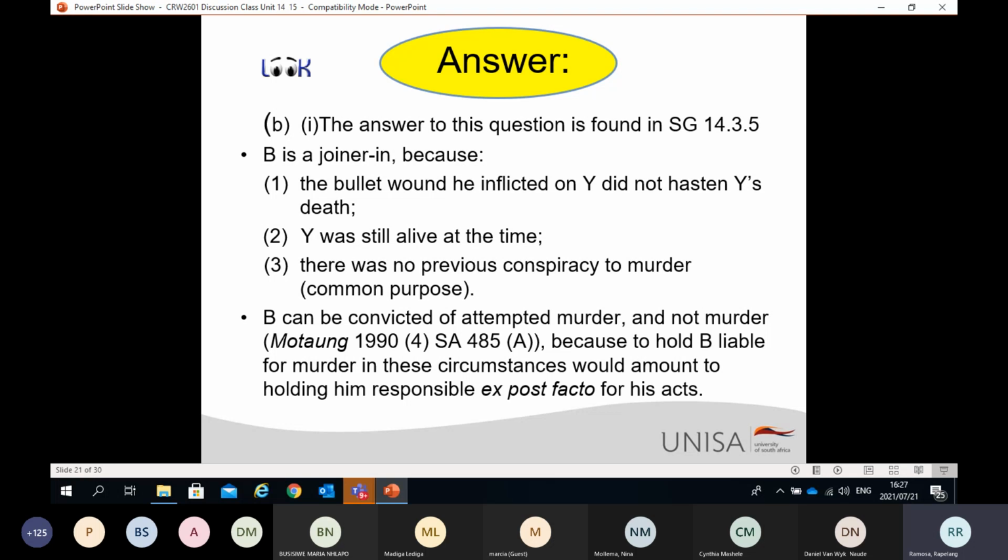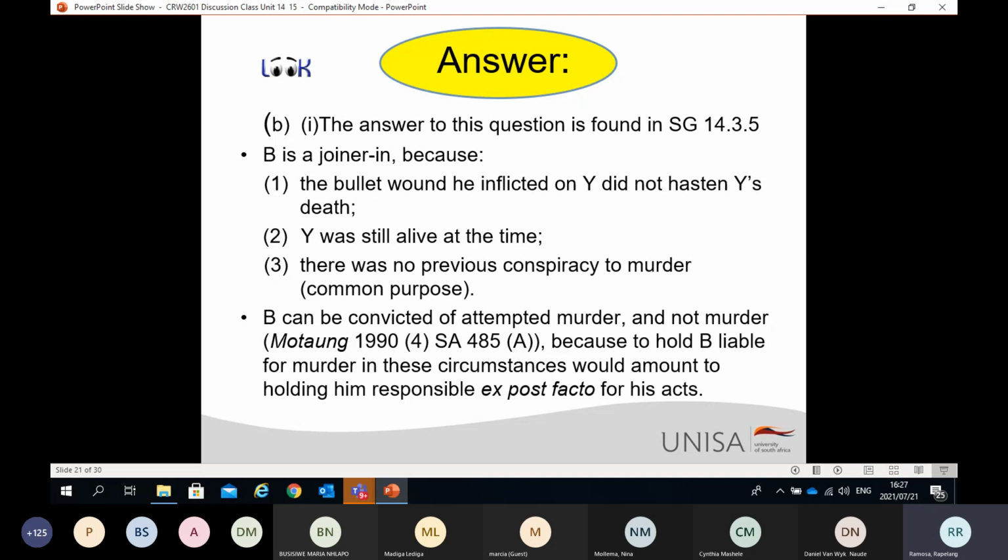What would be his liability? His liability is that he can be convicted of attempted murder based on the Motown decision, because to hold B liable for murder in the circumstances would amount to holding him responsible for ex post facto acts. So acts, retrospective acts.